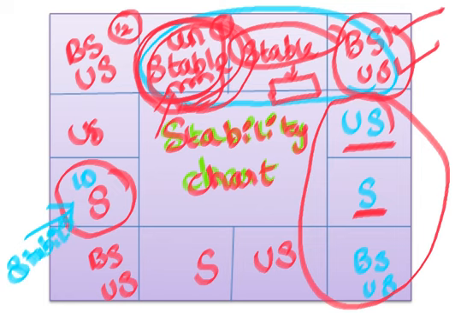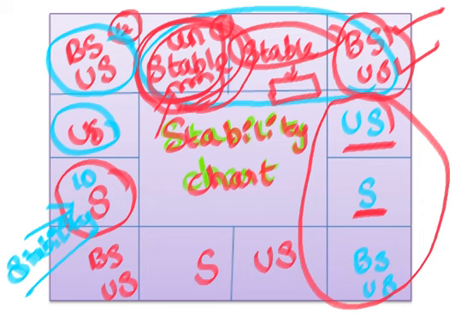His work nature will be stable: he will sit and manage, or sit and analyze the entire team. This one is both stable and unstable. He has the capability of both stability and instability. This person doesn't have the property of stability, and this person doesn't have the property of instability. So based on this chart explanation, we can get the stability of the particular profession or employment.